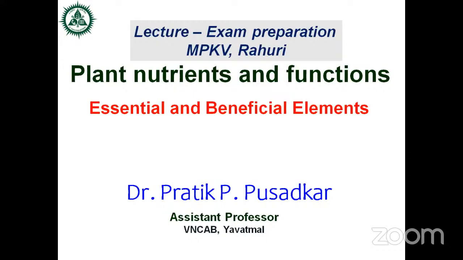Boron is not a primary element or macro element, but boron is required by the plant in less quantity, and it is essential. Because of boron deficiency, leaf twisting happens and some deformities in the fruits can occur. These are the deficiency symptoms of boron deficiency.